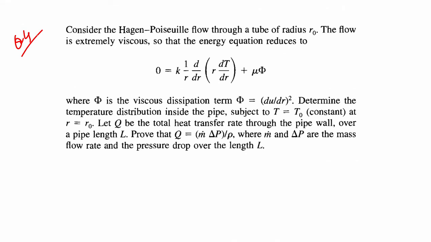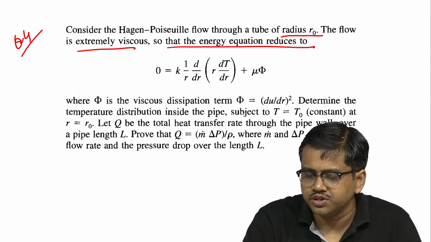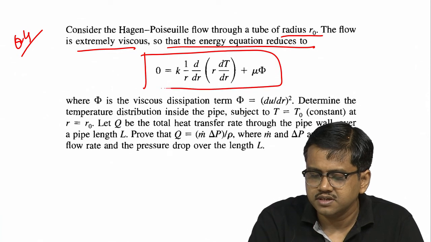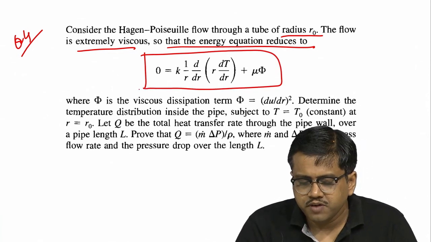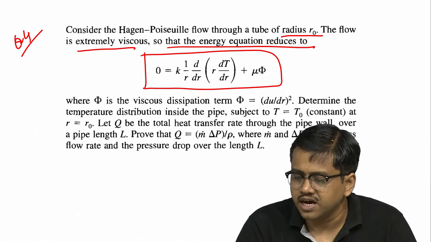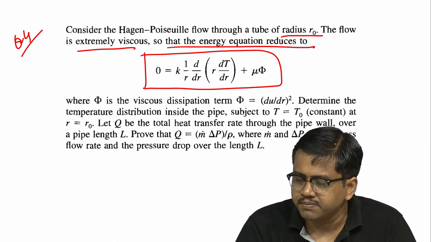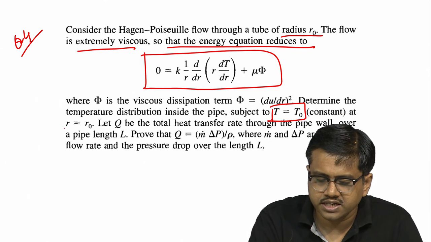Consider a Poiseuille flow through a tube of radius r naught. The flow is extremely viscous, so that the total energy equation reduces to something like this. Phi is the viscous dissipation term, which is given as (du/dr) squared. Determine the temperature distribution inside the pipe, subject to T equal to T naught constant at r equal to r naught.